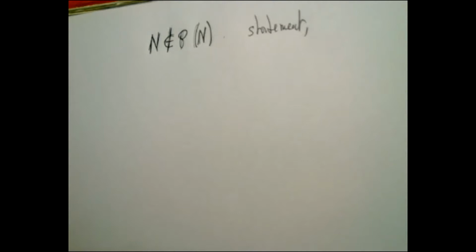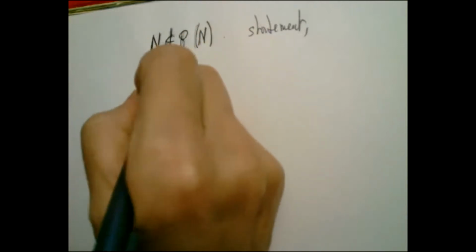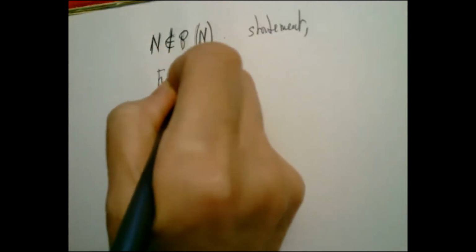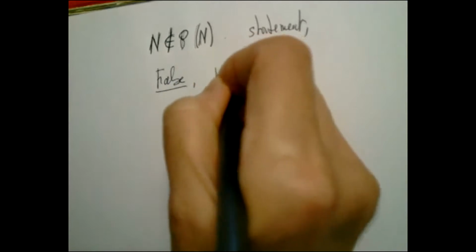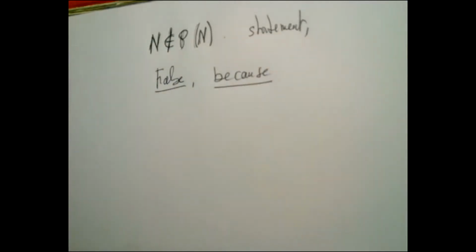Anyone? Simon said, I think that's a statement, but it's not true. So Simon is telling me it is false. And somebody has, of course, to say why it is false. Isn't it supposed to be the power set of N instead of N?